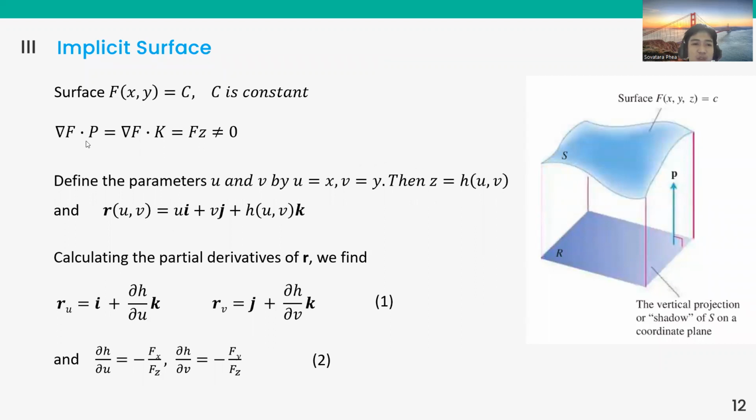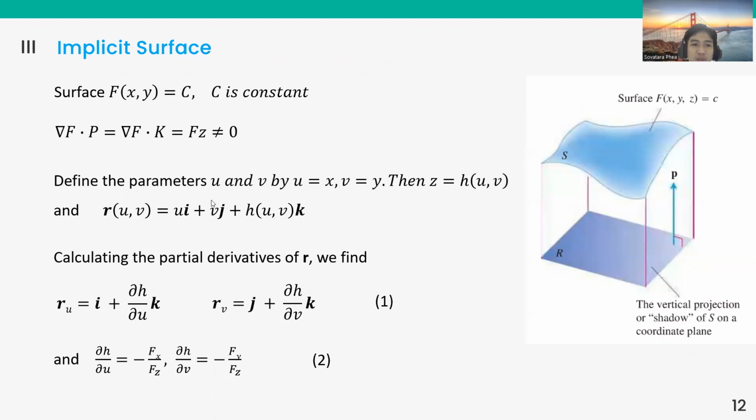The gradient of f dotted with vector p equals the gradient of f dotted with vector k, which equals fz, and fz is never 0. As you can see here, vector p is parallel to vector z in space, and vector p is perpendicular to this region R, which is the surface in space.